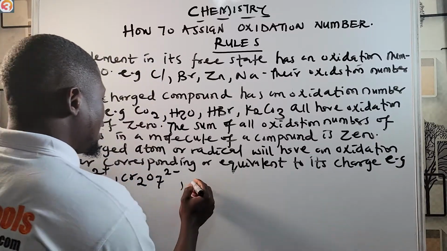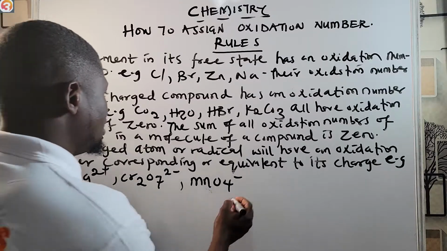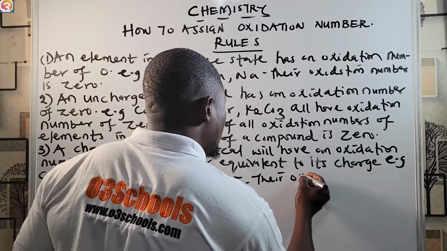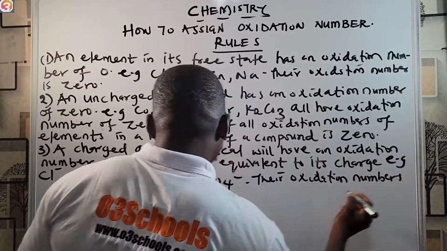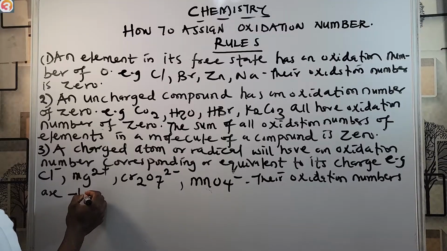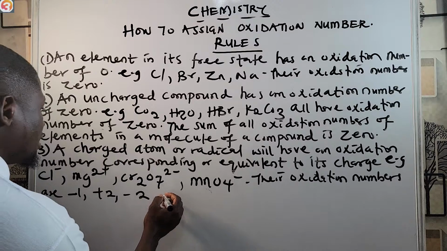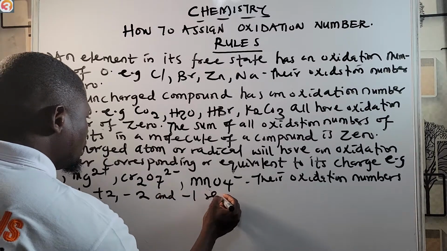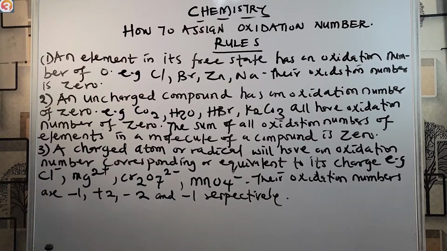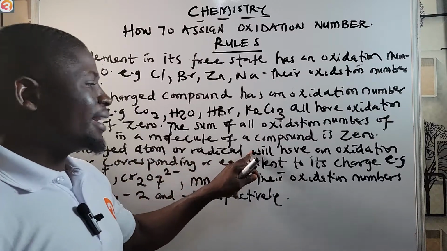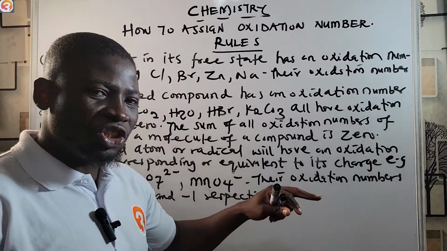If you have, for example, MnO4-, you can see that the oxidation numbers are -1, then +2, this one -2, and -1 respectively. All right, so these are the oxidation numbers. So a charged atom or radical will have an oxidation number corresponding or equivalent to its charge.